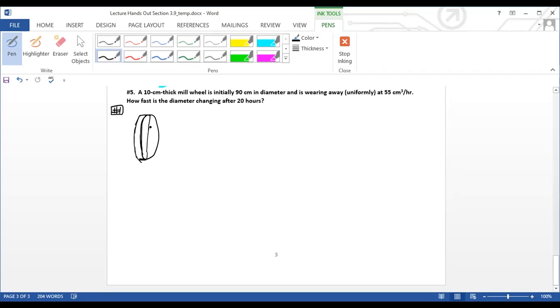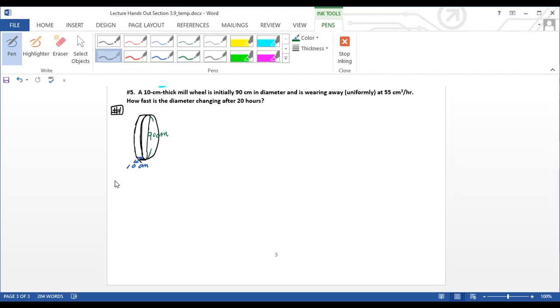This is the mill, and they say it's 10 centimeters thick. So I know this one here is 10 centimeters thick. And initially, this diameter here is 90 centimeters, right? Then it wears off at 55 centimeter cube per hour.